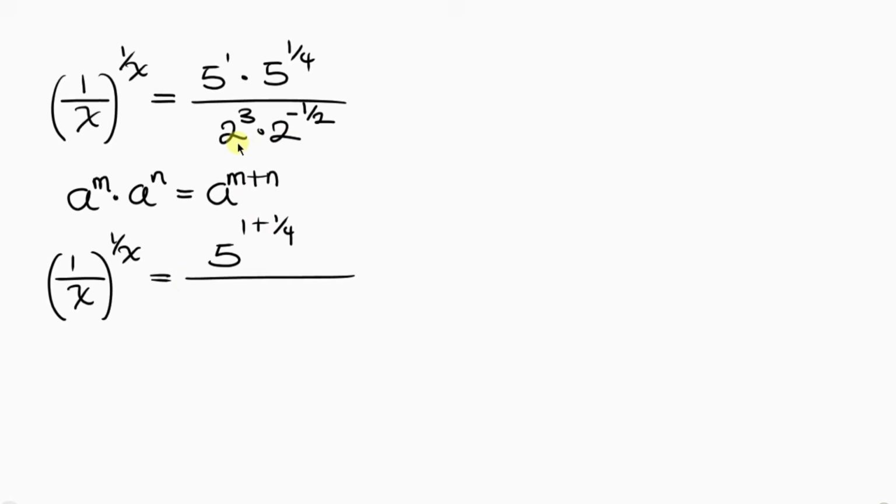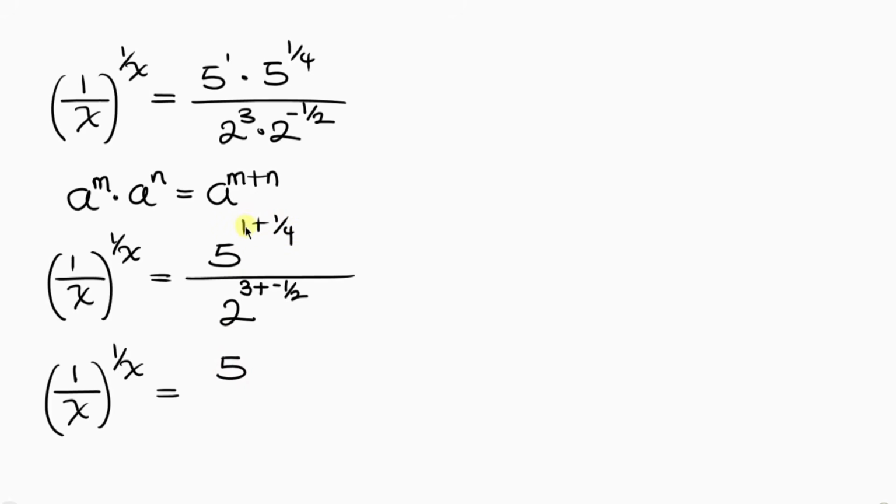Now the denominator, we take one of the bases, which is 2, then we add the powers, so this is 3 plus negative 1 over 2. Very good. Now let's continue. So this will be 1 over x all raised to the power of 1 over x to be equal to, now this is 5 to the power of, now let's work this out.